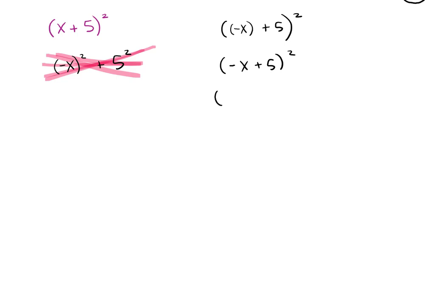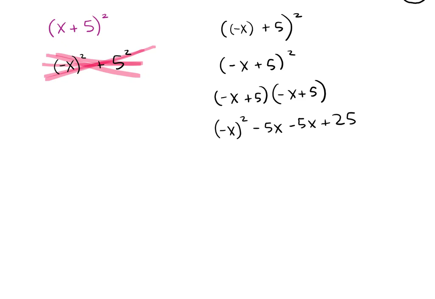You have to say that is negative x plus 5 and negative x plus 5 and do that multiplication. Okay? If you do that, you should get negative x squared minus 5x plus 25. And that becomes positive x squared minus 10x plus 25.